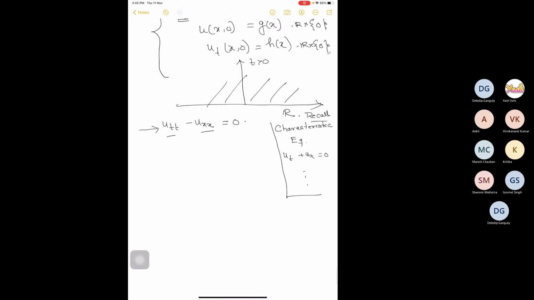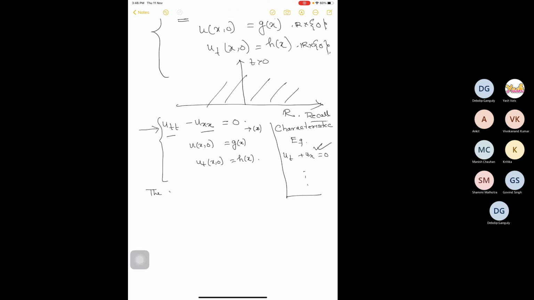So now can we rewrite something so that we can use this first order case? The equation is u(x,0) is g(x) and u_t(x,0) is h(x). We will see what the conditions are.